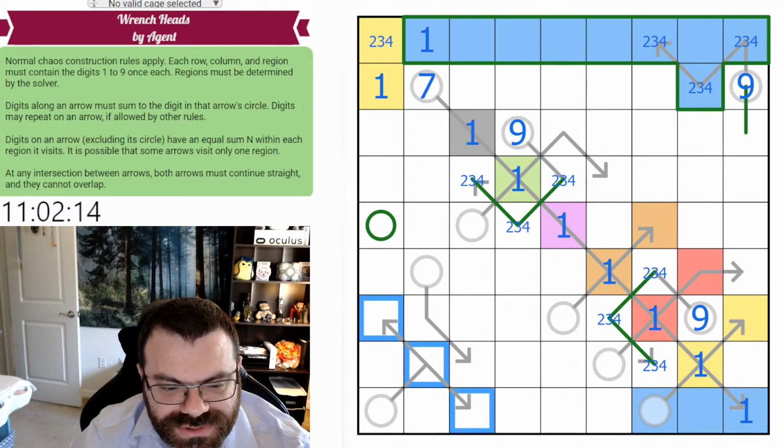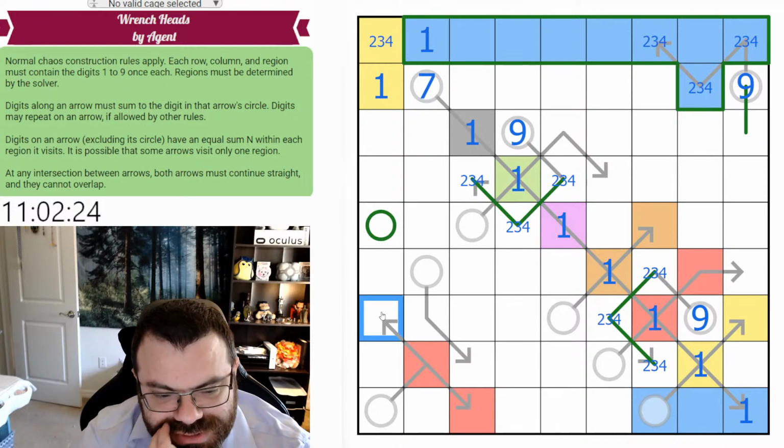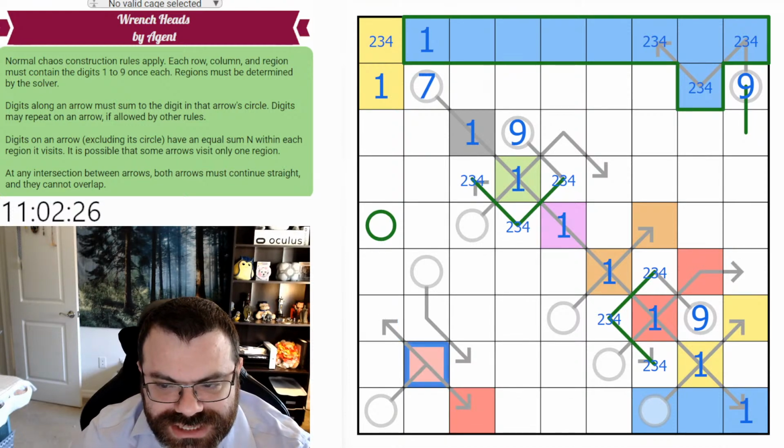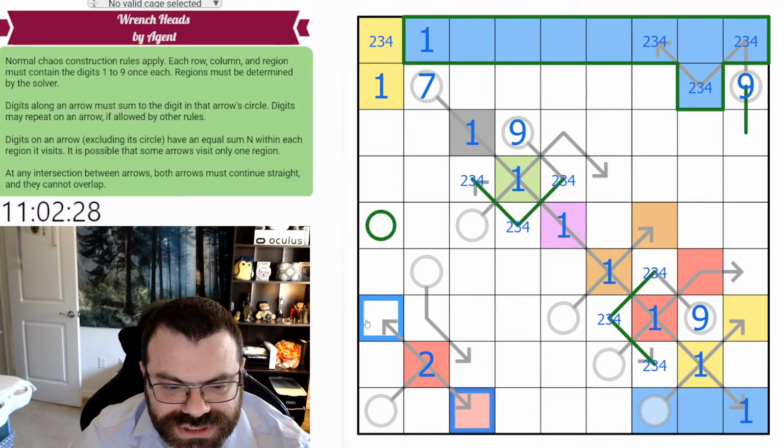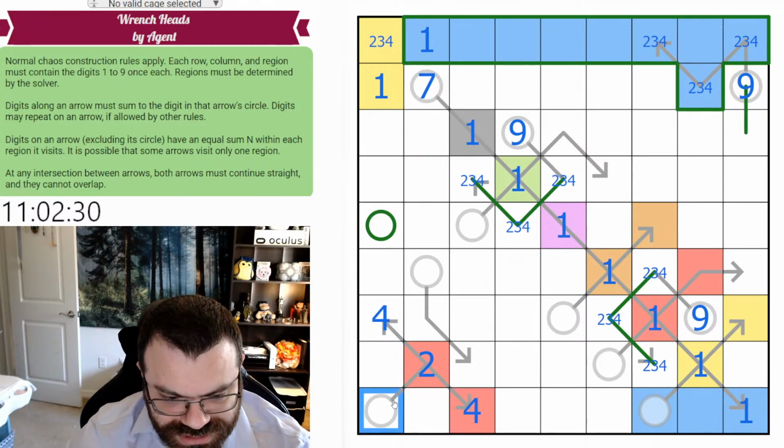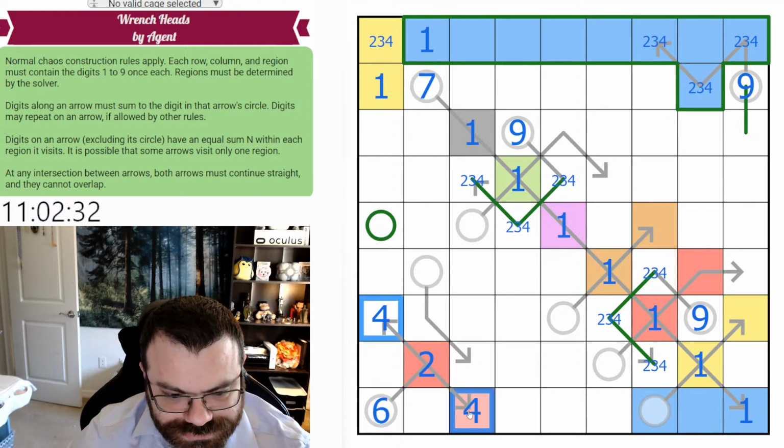So it is split into multiple regions. So how does that split work? I can't put the middle one in the same region as one of the outer edges, because then, as I said, these two are always the same digit as each other in order for this sum to work. And so then the region sum doesn't work.